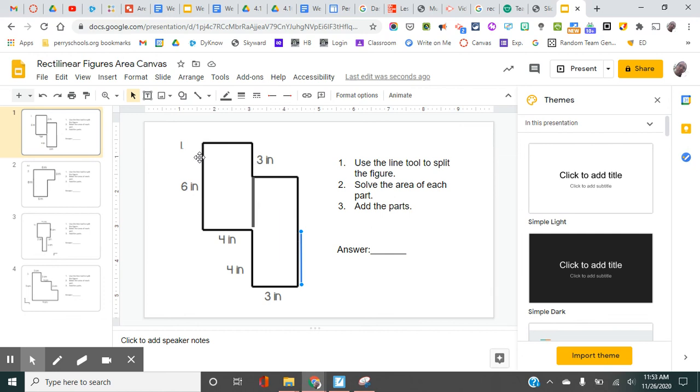So if this part is 3, then this part is also 3, right? So we'd have 4 here and then 3 more. So this would be 7 all the way across, 7. Right? How did I figure that out? Well, I knew the bottom part was 4 because I looked across. And then the top part has to be 3 because if this is 3, then this is 3 because it equals 6. You just have to do a lot of thinking here to try to figure those out.